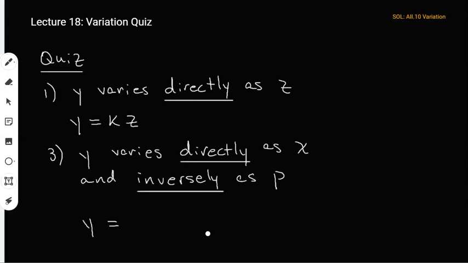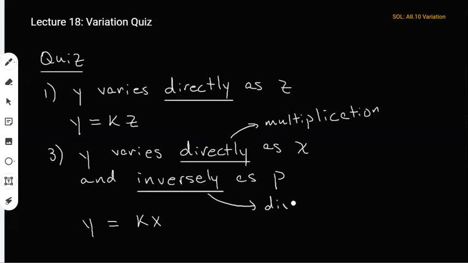That's going to be my variable on the left side. Since I have direct variation with x, I'm going to get y equals k times x. Remember that direct means multiplication. So I'm multiplying k by x. But since it says inversely as p, we're going to be dividing by p. So p is going to be in the denominator. That is number 3.